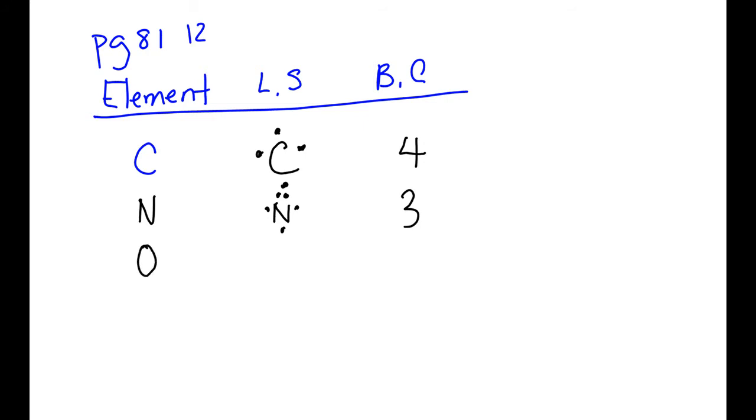Oxygen. Lewis structure for oxygen. 1, 2, 3, 4, 5, 6. How many total does oxygen want? 8. See a pattern here? 8. So how many is it short? So it makes 2 bonds.